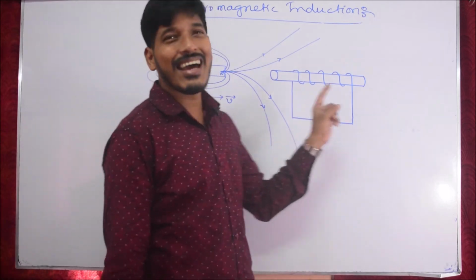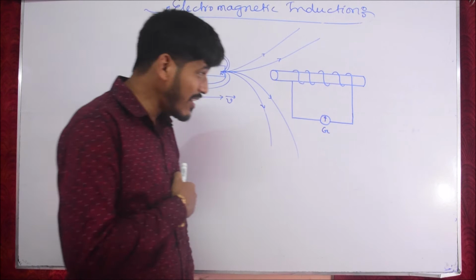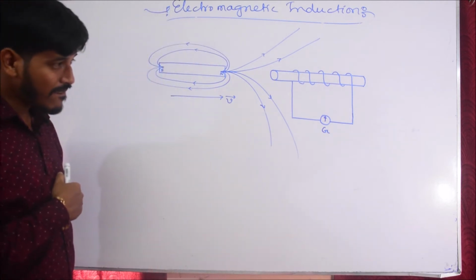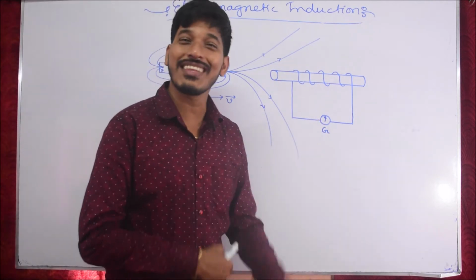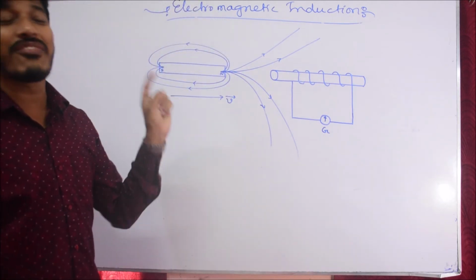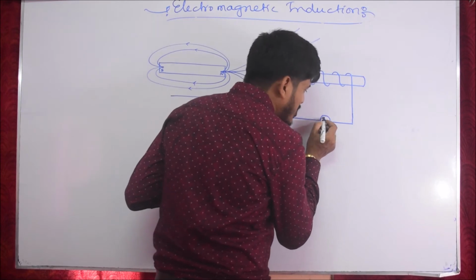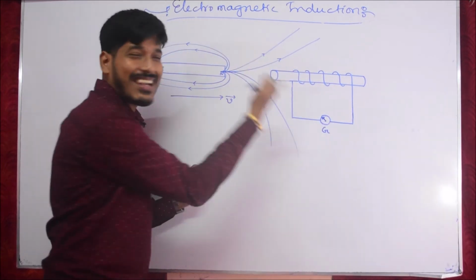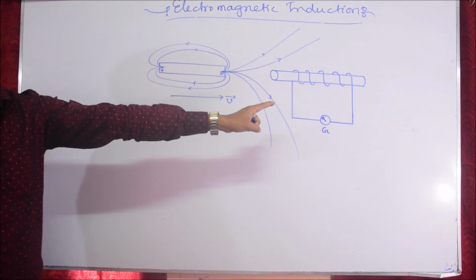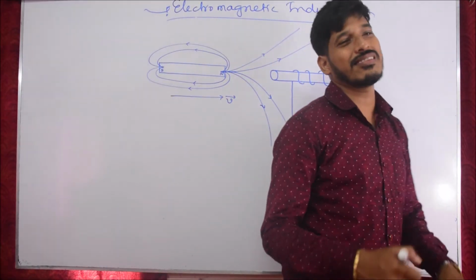And as there is a change in magnetic flux linking the coil, there will be a deflection in the galvanometer. And a deflection in the galvanometer simply indicates that there is induced EMF, there is induced current.